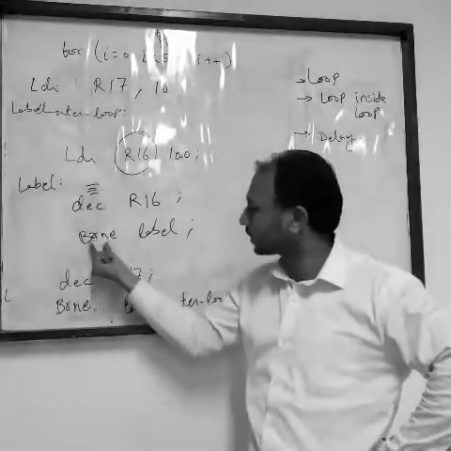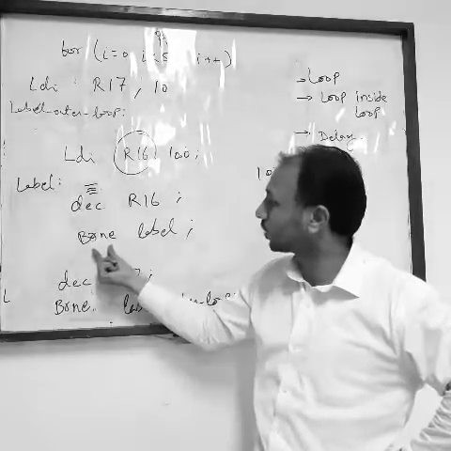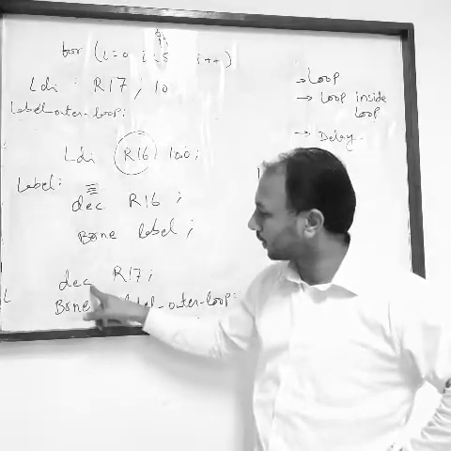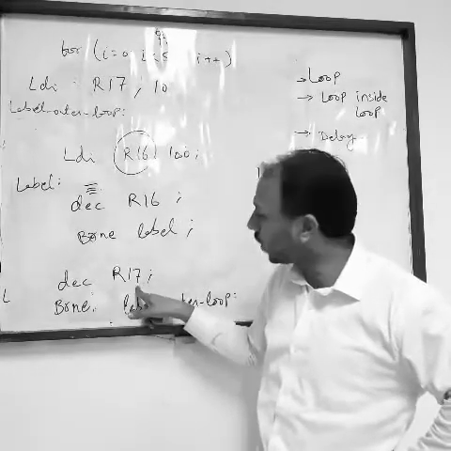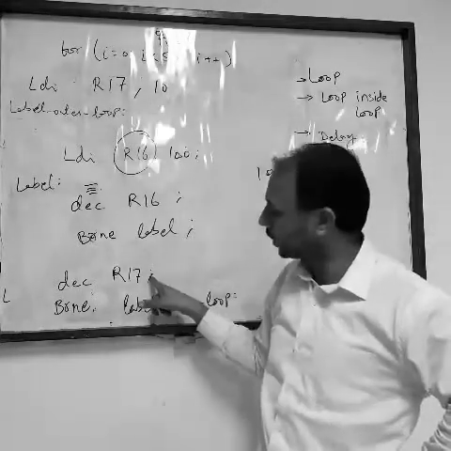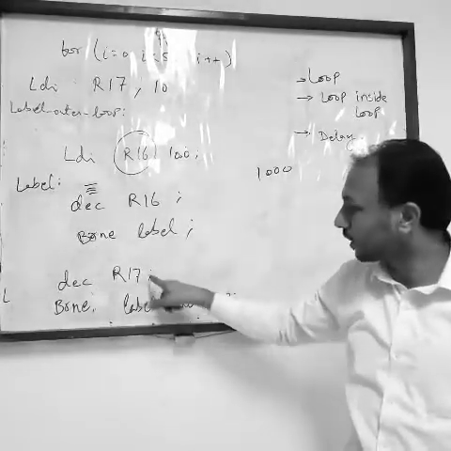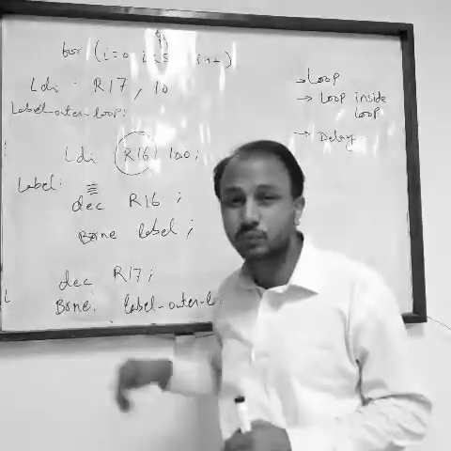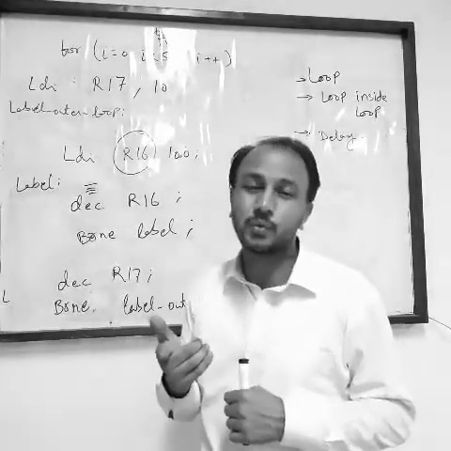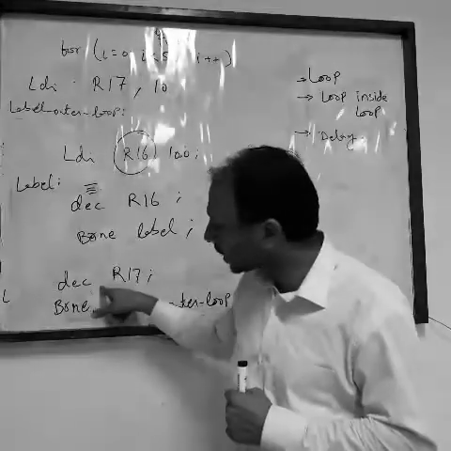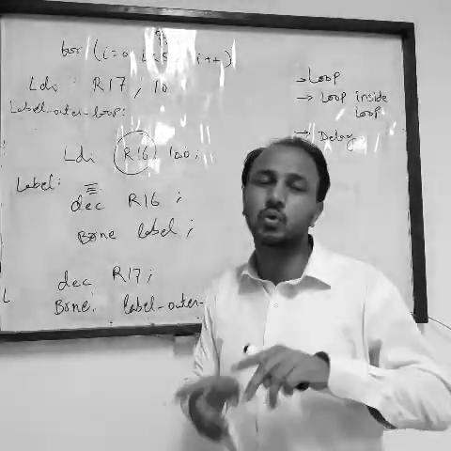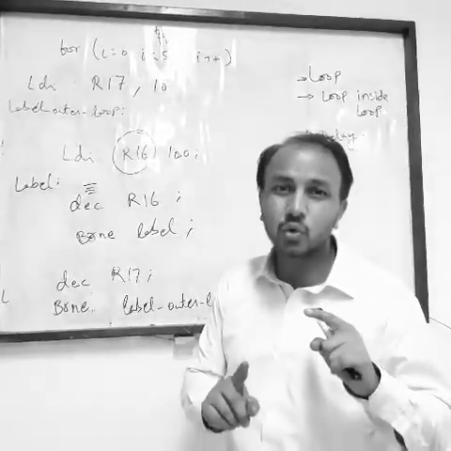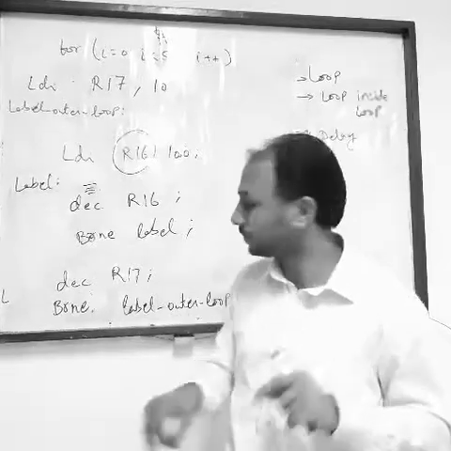After 100 times, this will become true and this will become not true, and it will come out of this. Now what will happen? Decrement R17. R17 was 10, now it is 9. When it is 9, it is not equal to 0, because this instruction checks the updated result of the ALU. Here the result has been updated. I force my ALU to update its result, and it should not be equal to 0 at least for 10 times.